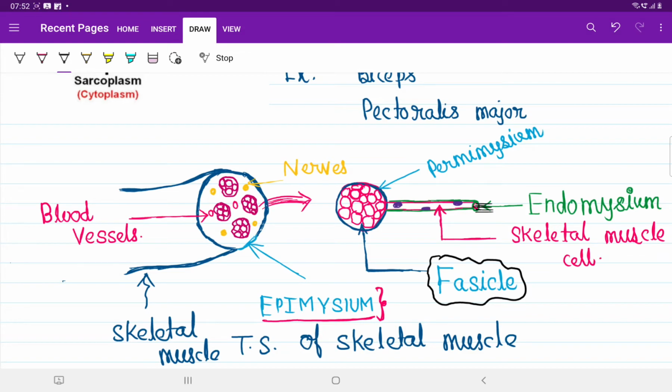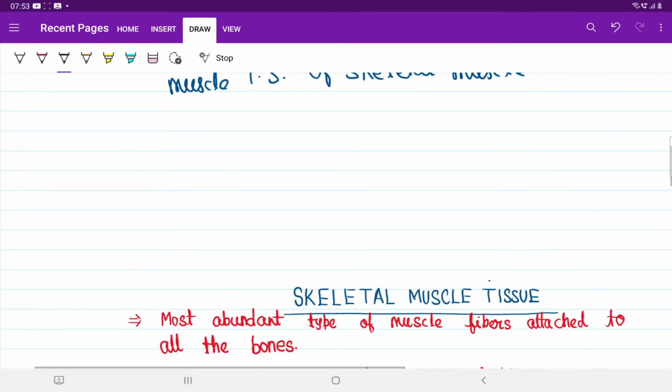Now this perimysium has many muscle cells, and each individual skeletal muscle cell or myofiber is again covered by a connective tissue layer called the endomysium. So endomysium covers the individual skeletal muscle cell, perimysium covers the fascicle, and epimysium covers the skeletal muscle, right?